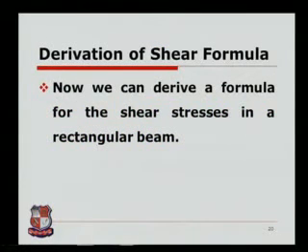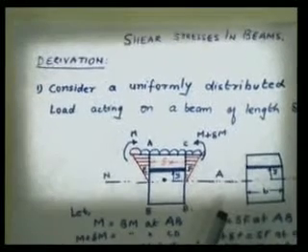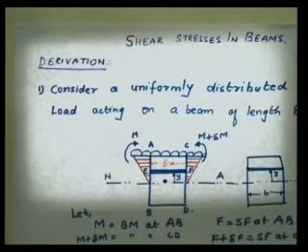So now we will derive a formula for the shear stresses in a beam. So we will consider a beam having a length L. So this is our derivation. Consider a uniformly distributed load acting on a beam of length delta x.